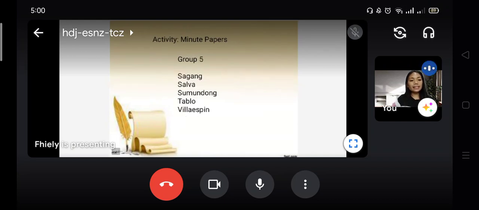Group 5: Savagang, Salva, Somondong, Tablo, and Villa Ispen. Four groups have 6 members, only group 5 has 5 members.